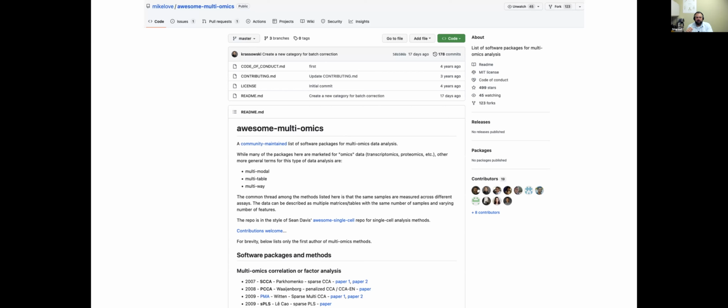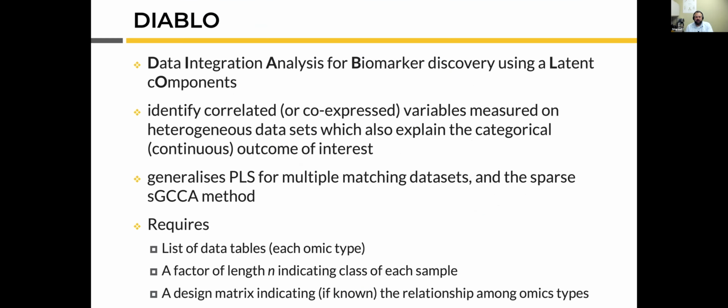So again, just a general comment: if I can't use your method, then it's not really helping anyone. So Diablo is a multi-omics analysis method that's part of the mixOmics project, mixomics.org.